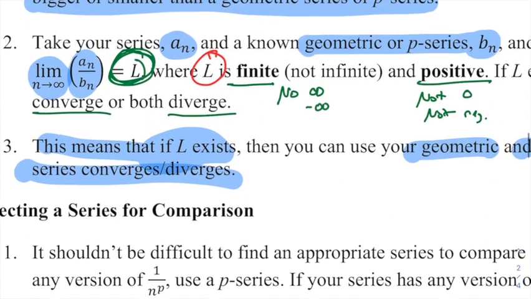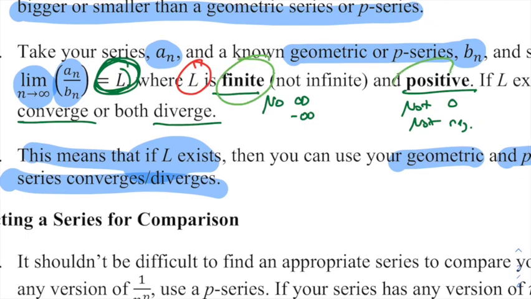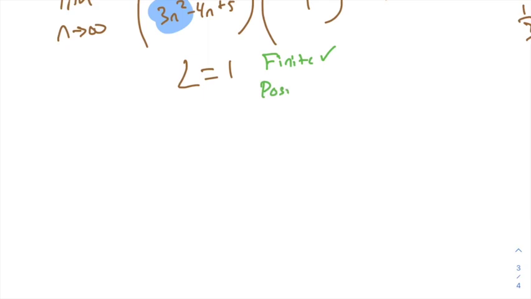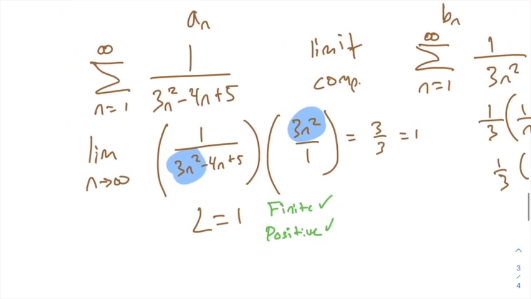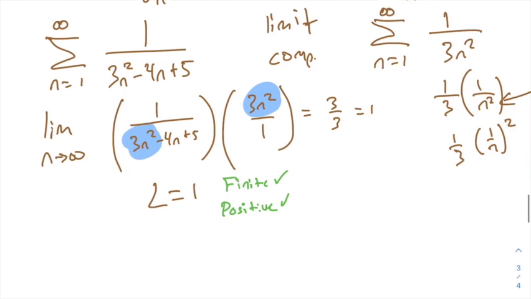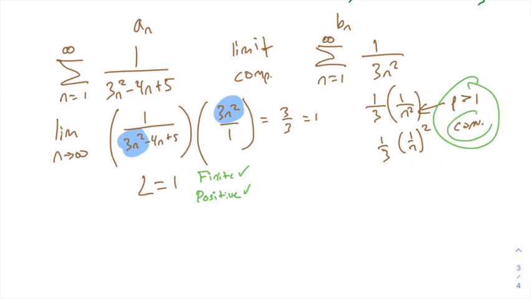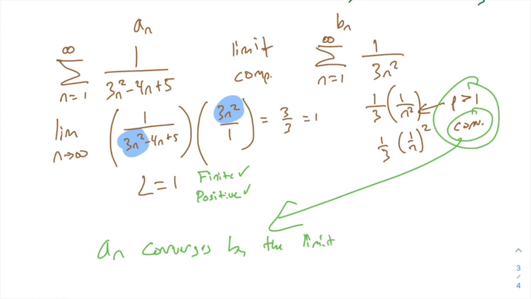And look at what we need: finite and positive, and so it is positive. So since the limit of our function divided by that known function is a finite positive answer, and since that function converges, then our function converges by the limit comparison test.